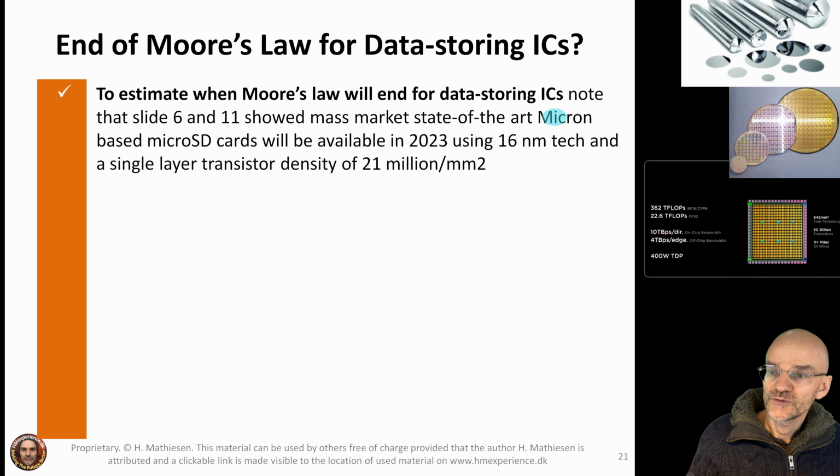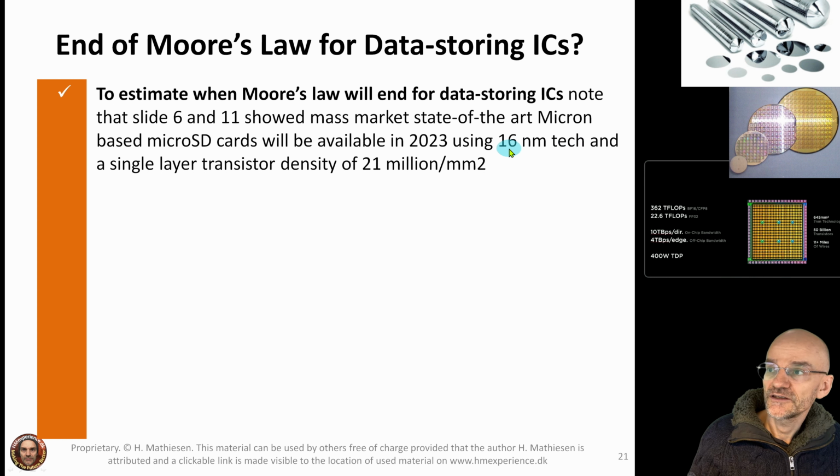And also we can actually store quite a lot of data even in these data storing ICs, even with the old tech. So the urge and pressure to increase performance on these data storing ICs is not as huge as it is for the data processing ICs. That's my explanation for it.